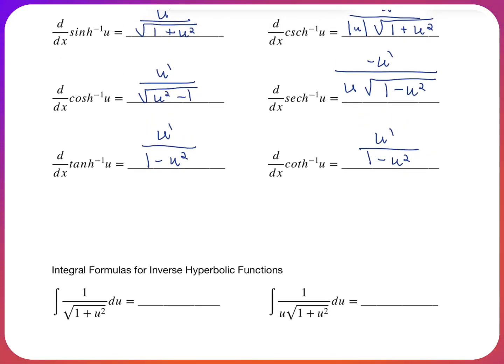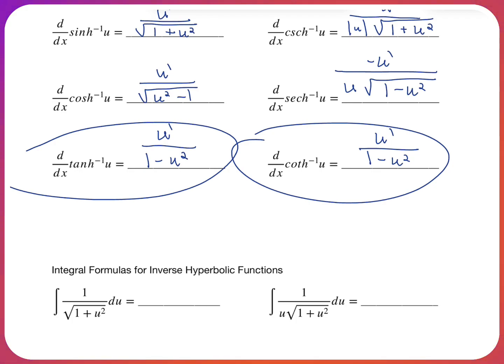Now, what do you notice about the last two? We notice that the derivative of the inverse of the hyperbolic tangent and the derivative of the inverse of the hyperbolic cotangent function are the same answer. So if we're going the other direction, we're trying to integrate, and we find the integral of u prime over 1 minus u squared, we've got to figure out, should we write the inverse of the hyperbolic tangent or the inverse of the hyperbolic cotangent?